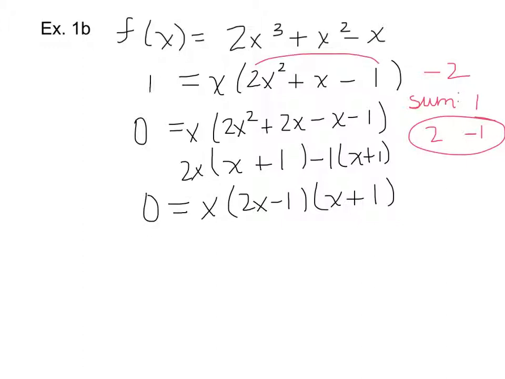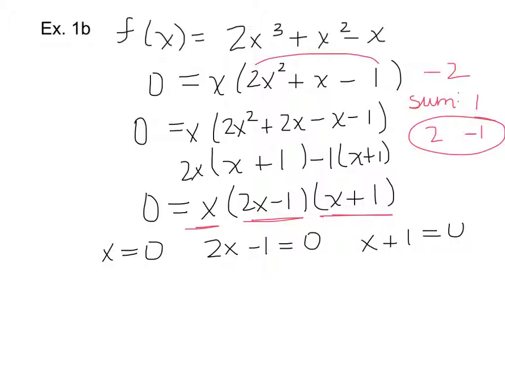Don't forget to change those to zeros. So I'm going to say each one of these factors equal to 0. So x equals 0, 2x minus 1 equals 0, x plus 1 equals 0. So this would be 0, 0. This would be 1/2, 0.